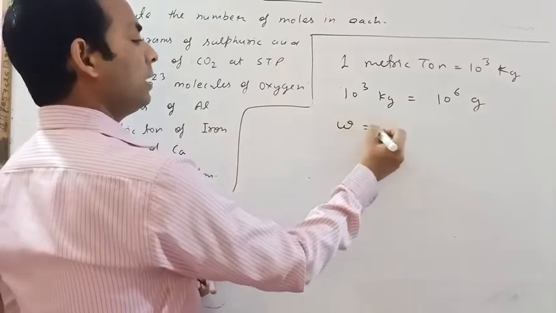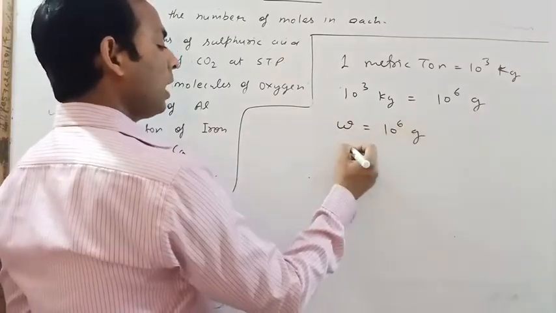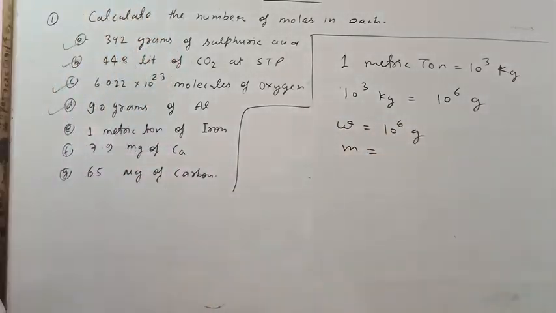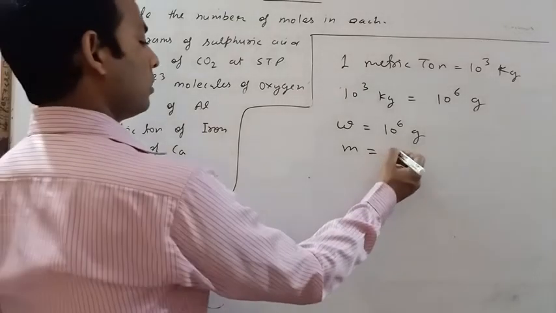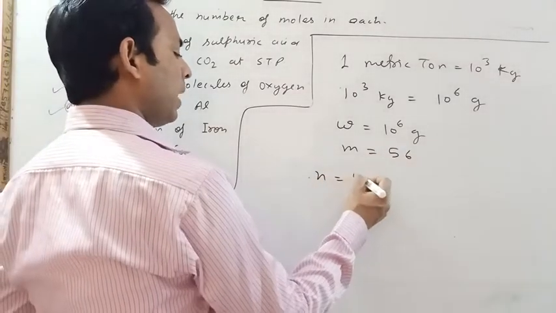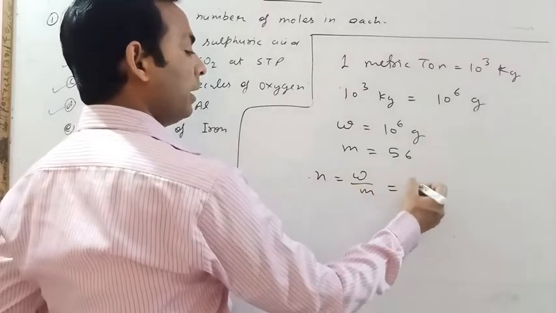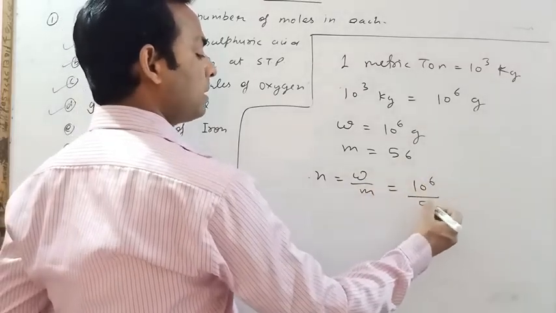So W equals, given, 10 to power 6 gram, and M is the molar mass of iron. Molar mass of iron is 56. So n equals W by M. Now put the value: 10 to power 6 upon 56.